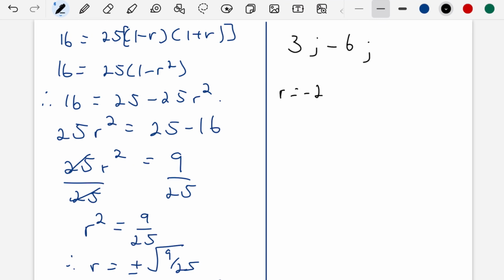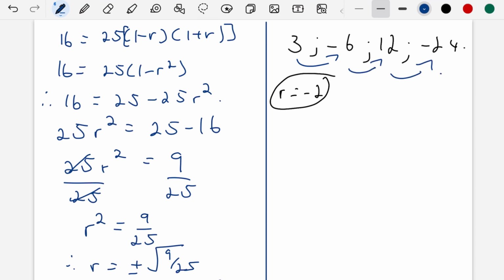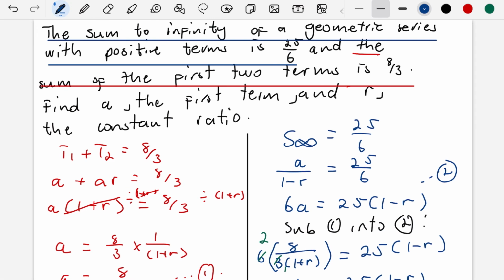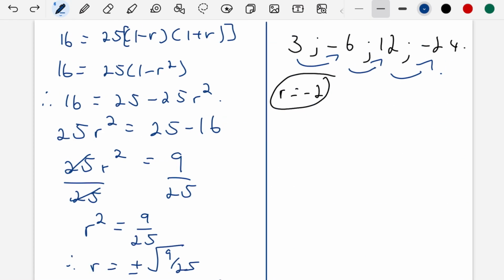Now negative 6 times negative 2 would be positive 12. Positive 12 times negative 2 would be negative 24. As soon as you have a negative r, you alternate between positive and negative values. Because they said this has positive terms only, we must make sure that we pick the one with an r that is positive.